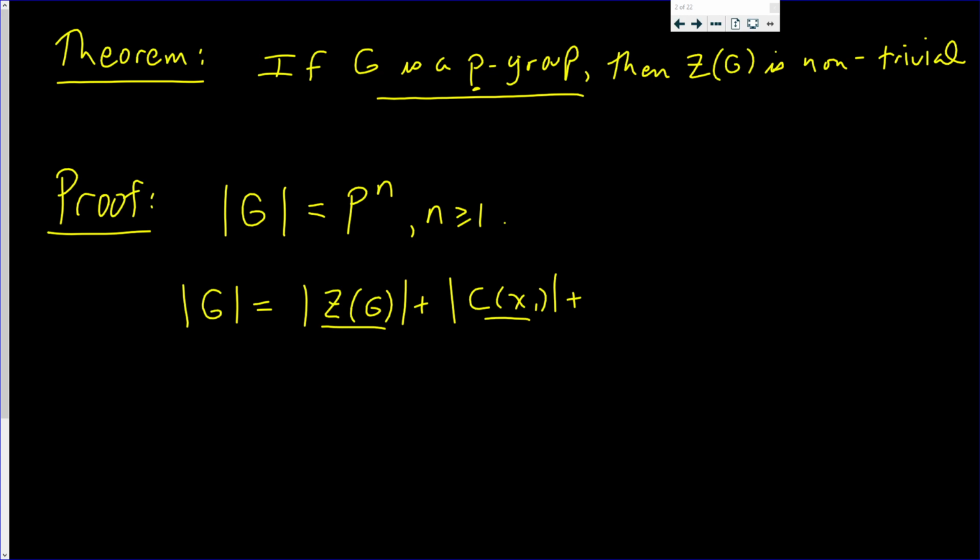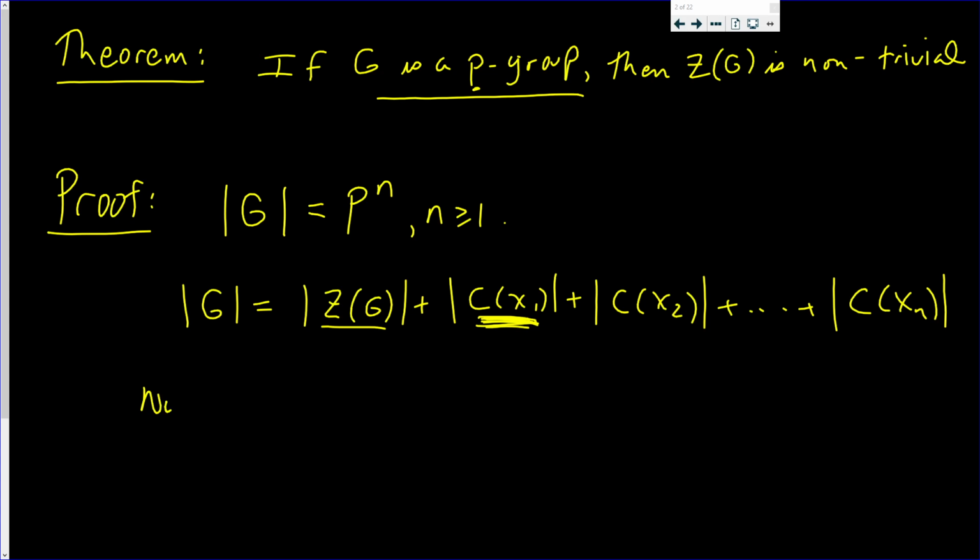The center is the set of all classes that have exactly one element. The classes that I'm about to write from here on have 2 or more elements in each class. So we have the class of C of x2 plus the order of C of xn.